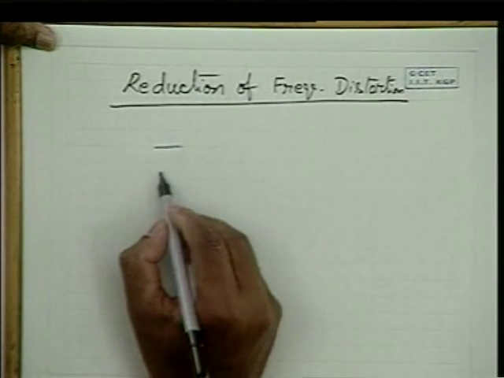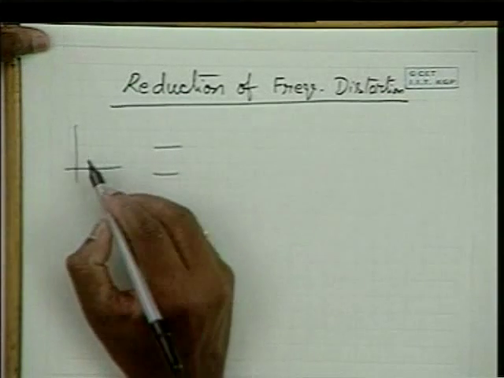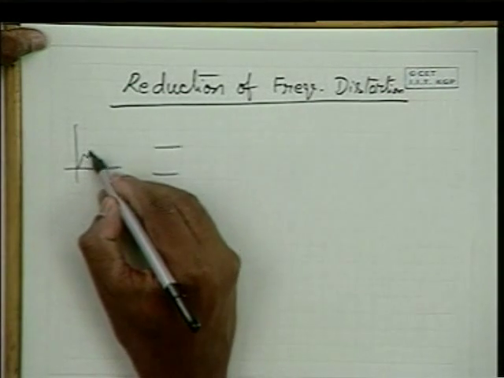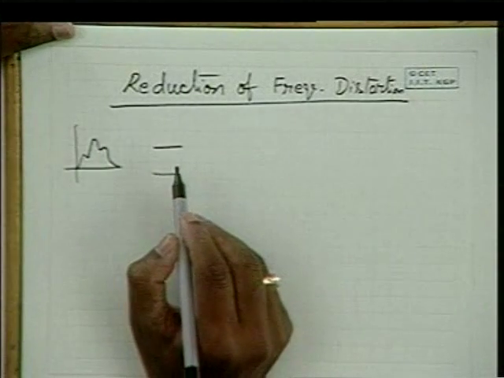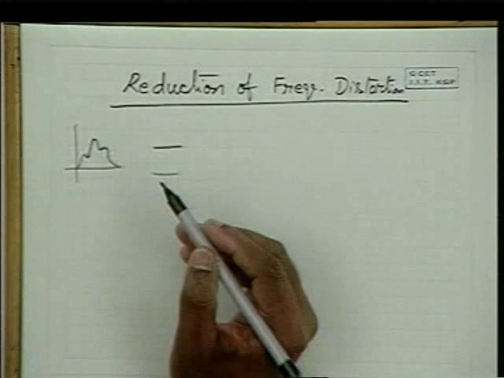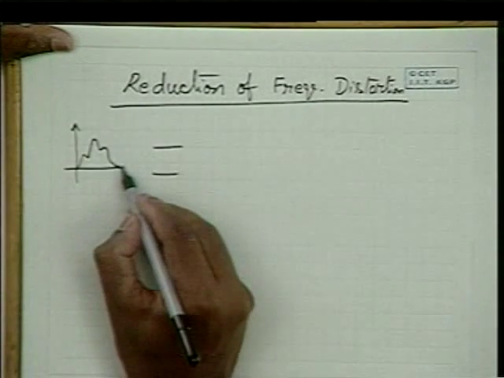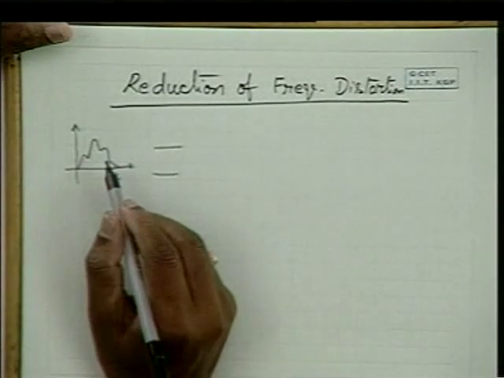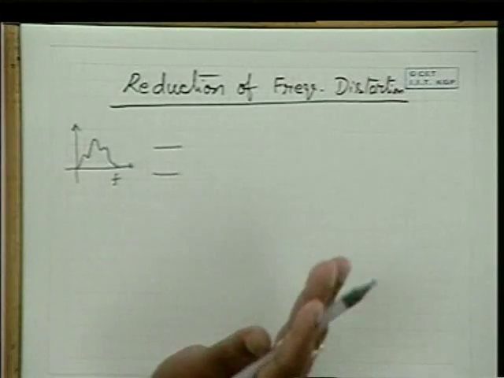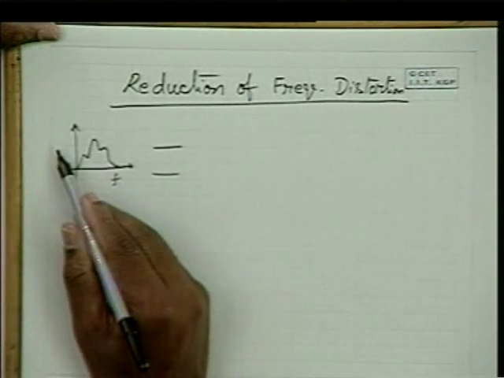When the input signal is divided into different frequency components, that means if you find the spectrum of the input signal, you find that different frequency components have different amplitudes.